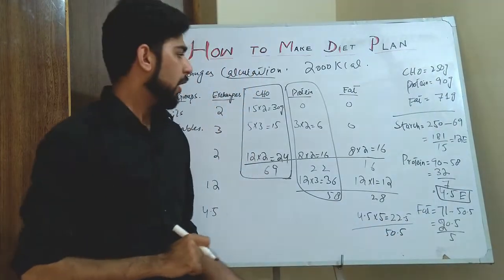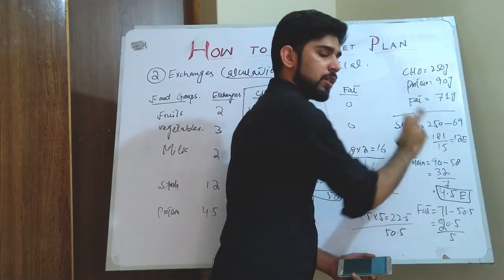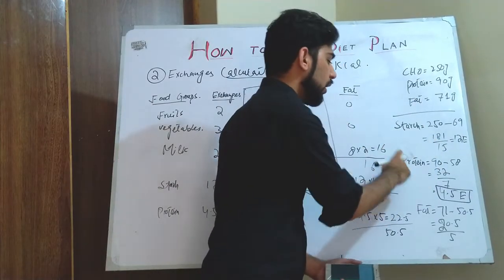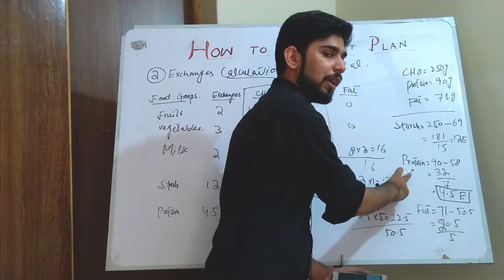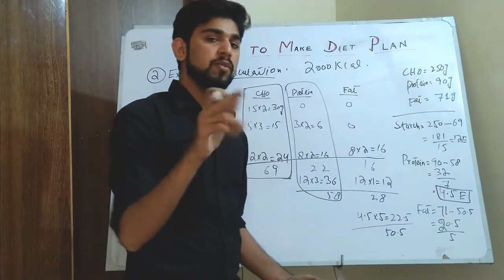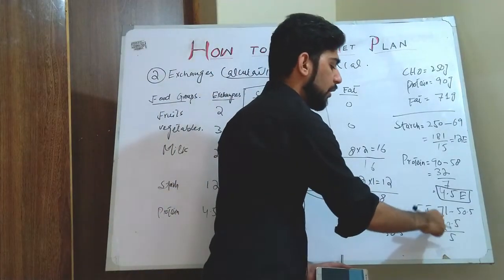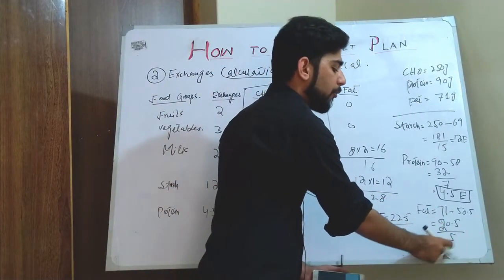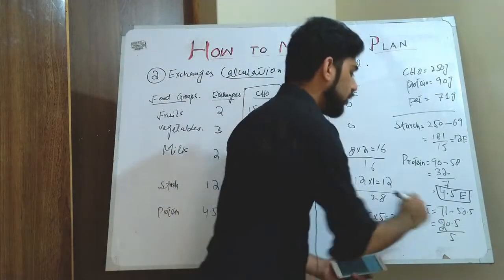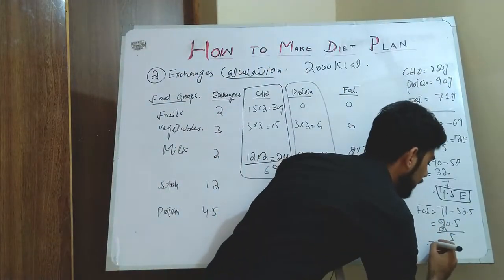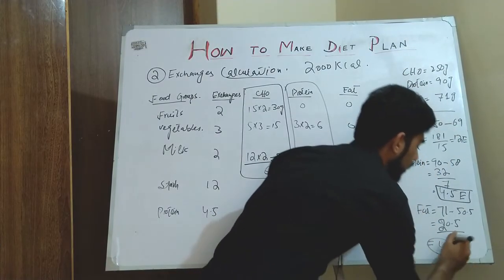That's why we'll divide it by 5, as we divide carbohydrate by 15 because one exchange gives you 15 gram carbohydrate, and as we divide by 7 in the case of protein, because one exchange of meat gives you 7 gram protein. Similarly, we divide total fat by 5 because one exchange of fat gives you 5 gram fat, and finally we get 4 exchanges of fat.